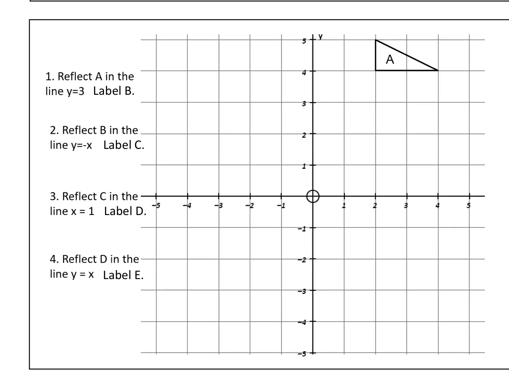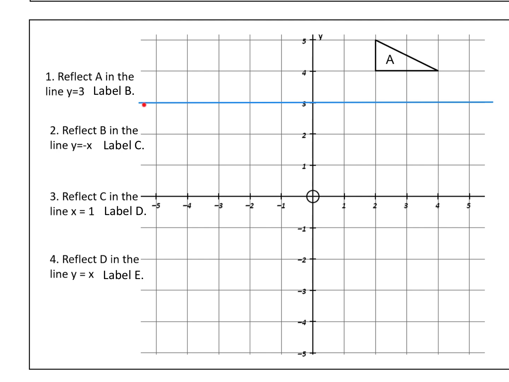We have to reflect shape A in the line y equals 3, and we'll label that B. So the line y equals 3 will be a horizontal line which will cut the y-axis at 3. I've drawn that in blue.